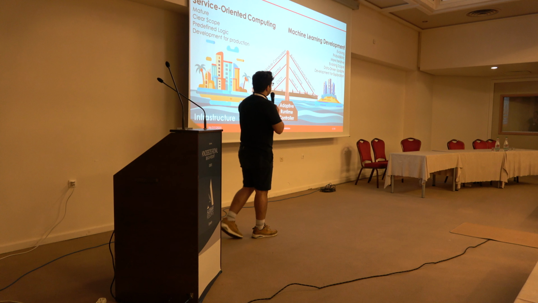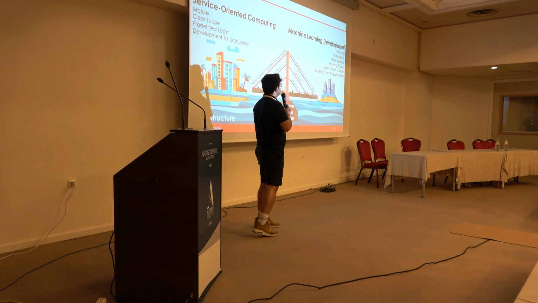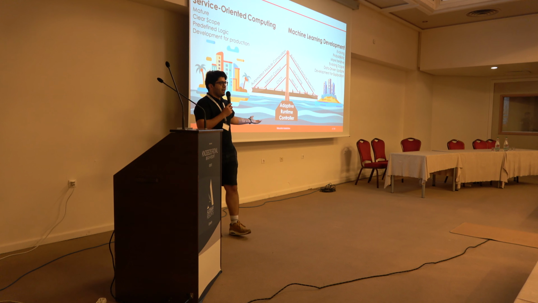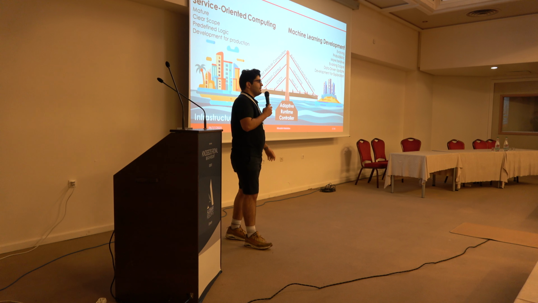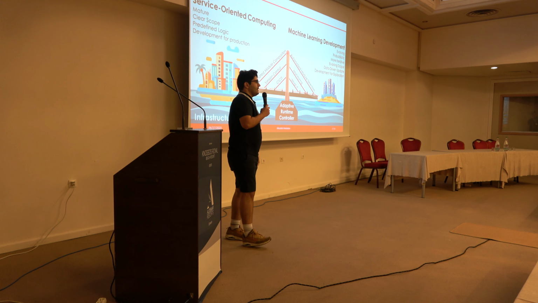And on the right side, we have machine learning development, which is evolving, with probably more advanced, shiny buildings, but it's less developed. And due to its probabilistic nature, it has more iterative tests.